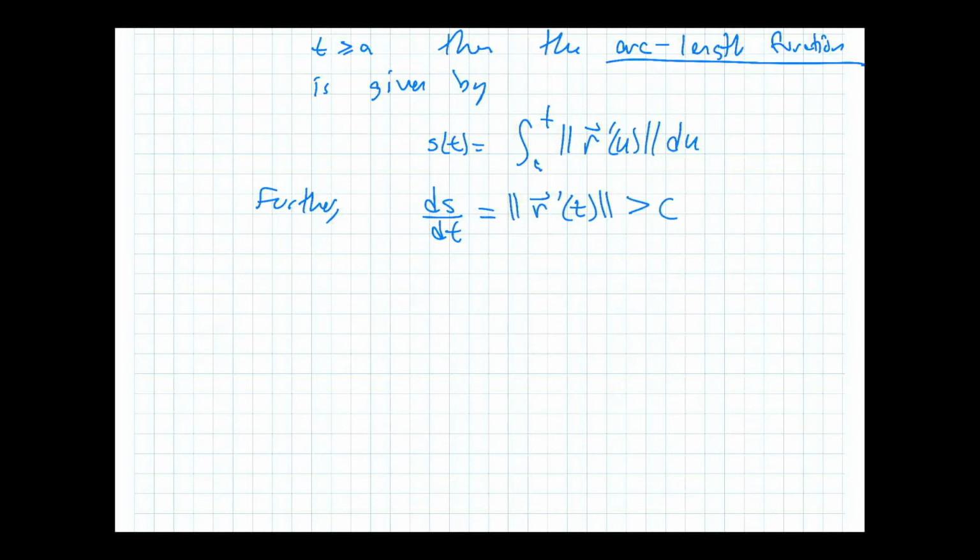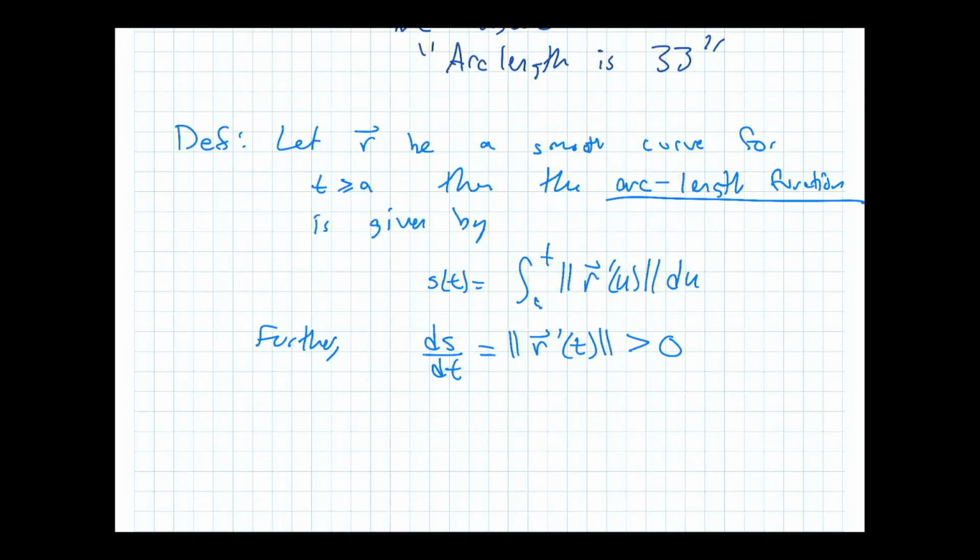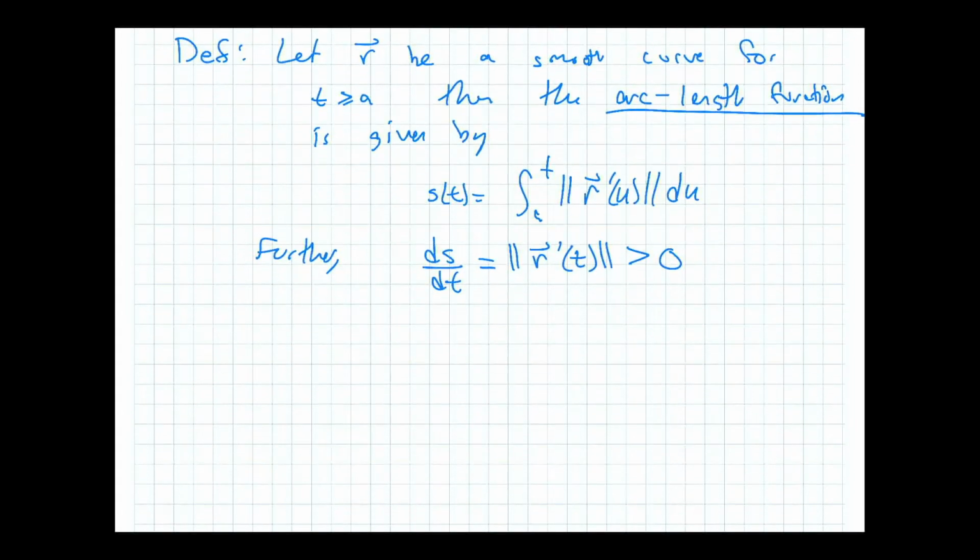which is going to be positive. It's going to be positive because the arc length from 0 to 2 is bigger than the arc length from 0 to 1, for example. There's more curve from 0 to 2 than there is from 0 to 1. And the arc length is always a positive number, so you can't have a negative arc length.